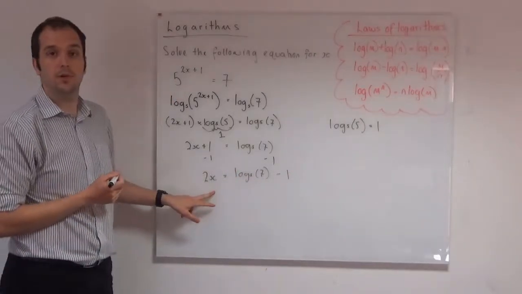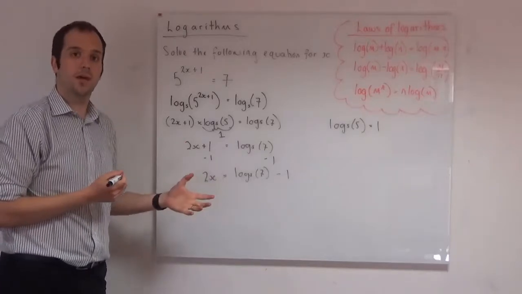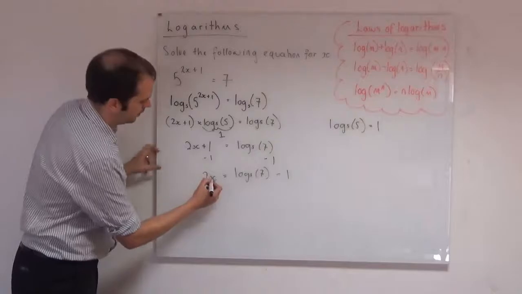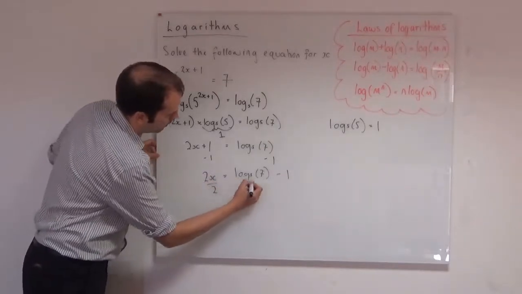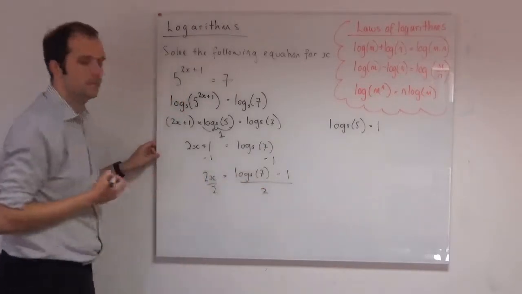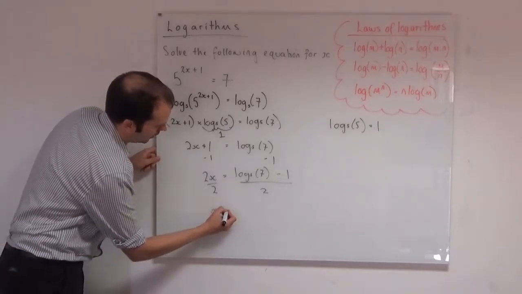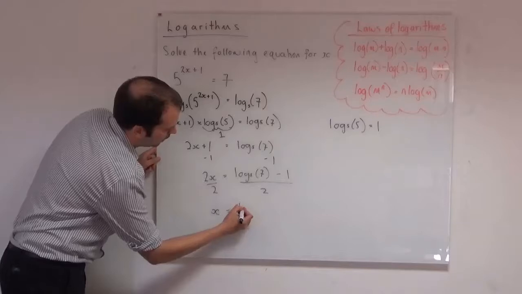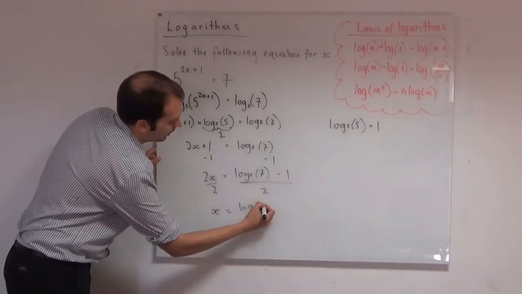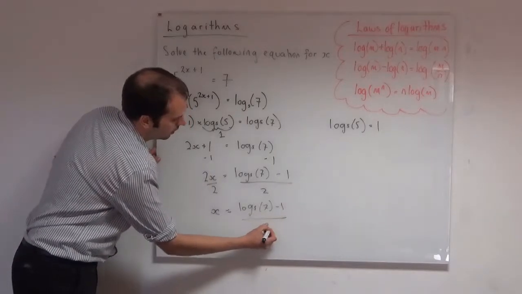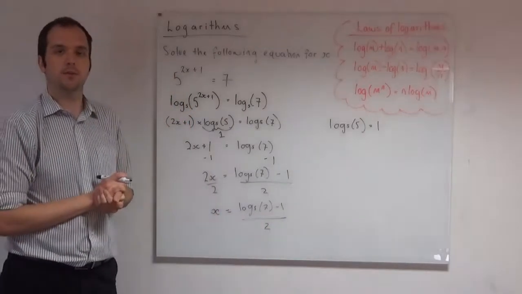Now this was the value of 2x, we obviously just want the value of x, so I now need to divide both sides by 2. By doing that, I can find my x on its own, and that is equal to log to the base 5 of 7 minus 1, all divided through by 2.